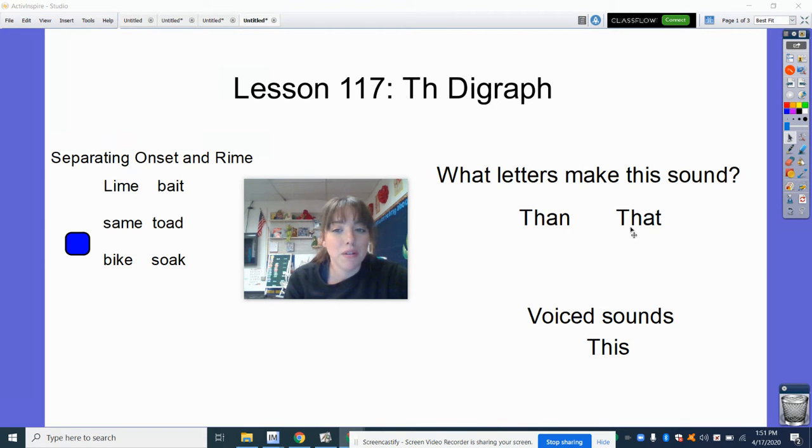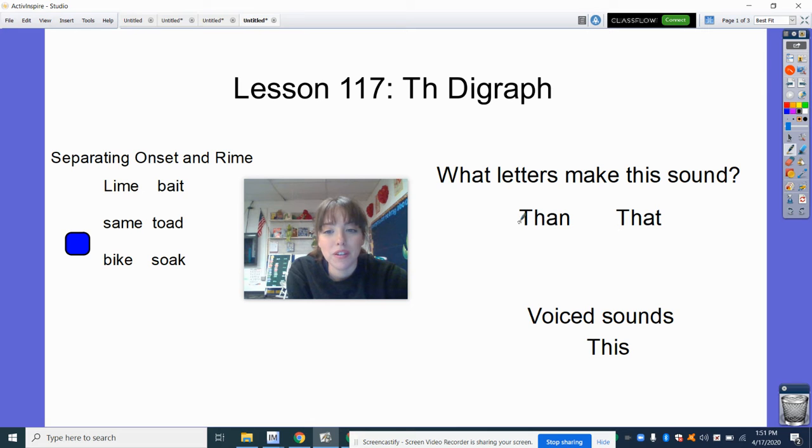Look at these two words right here. What two letters do you think make the th sound? If you look at the beginning of the word, these two words have some similar letters. So th and th at.